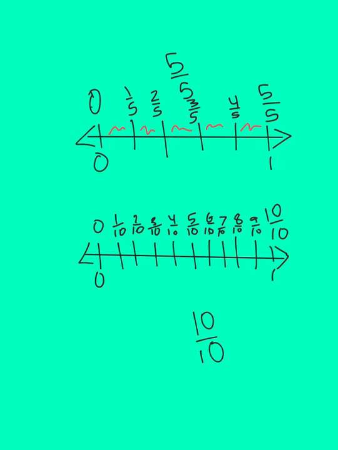So the thing that is a little bit trickier to see on here is that some of these lines down here on the bottom are actually lined up with some of the lines up here on the top.